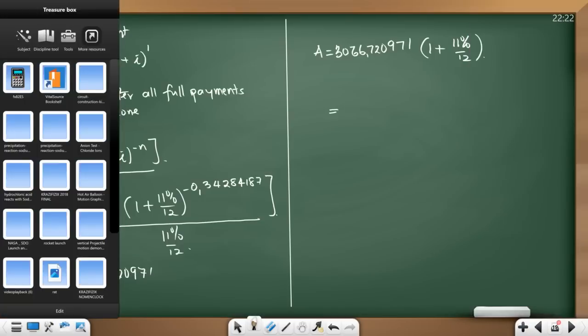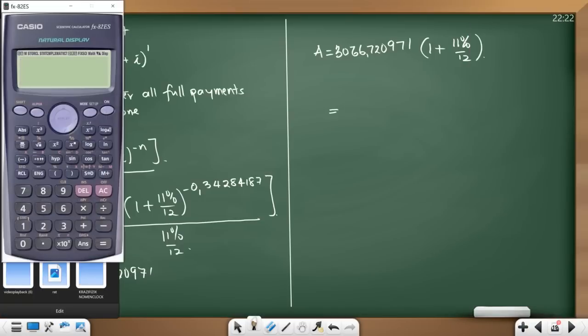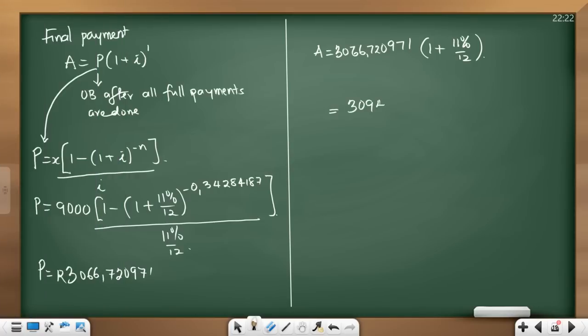Let's grab a calculator. 3066 720 971, open bracket, 1 plus 11% over 12. All right. 3094,83. Now we can round off to 2 decimal places. 3094,83. And that's it. Question done.